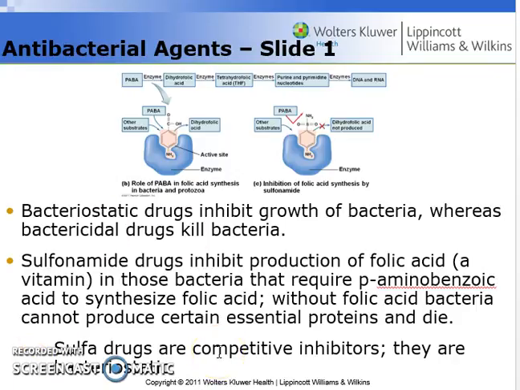Okay, so like I said, there's a lot of different common mechanisms that can be used. One of the reasons we have these different mechanisms is because bacteria can obviously develop drug resistance.